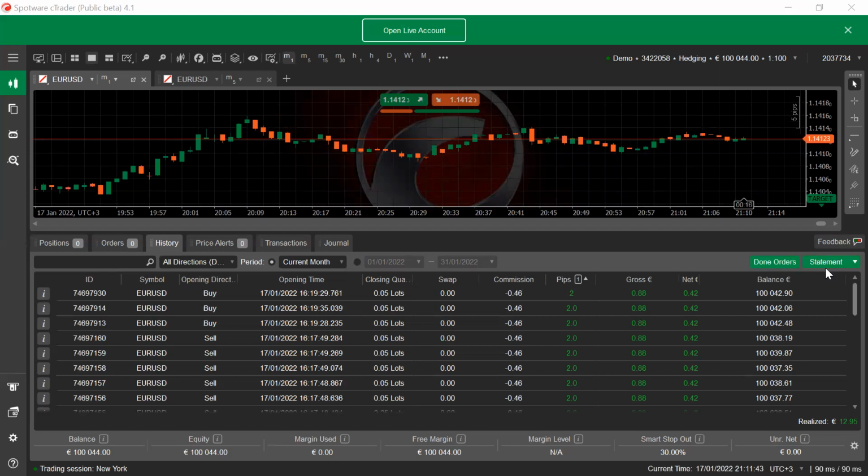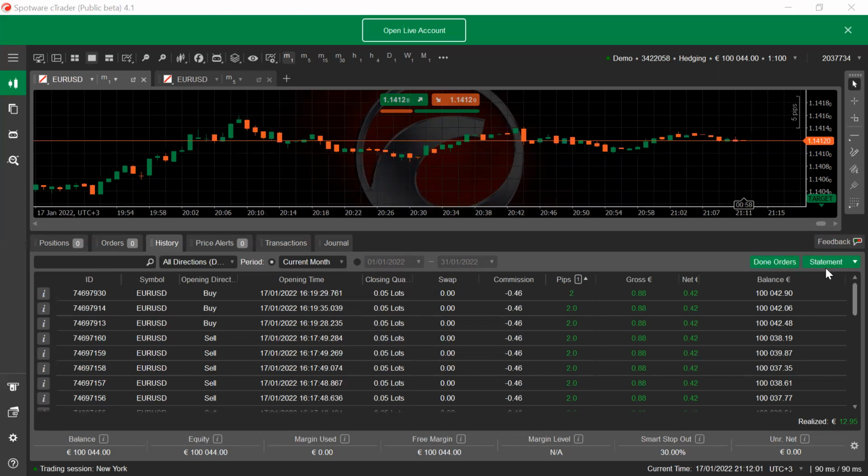Oh, there it is. Okay. I'm using OpenOffice. So I'm going to add all this so I can show you how many pips I made just today. It's supposed to be an auto sum here. It's just basic Excel.